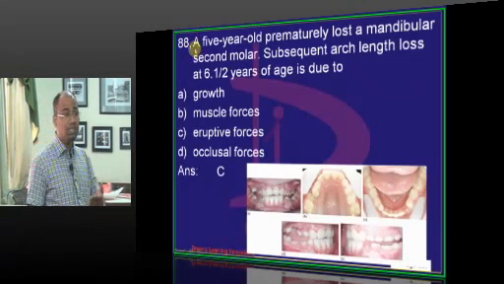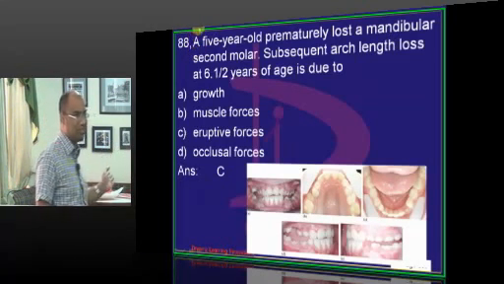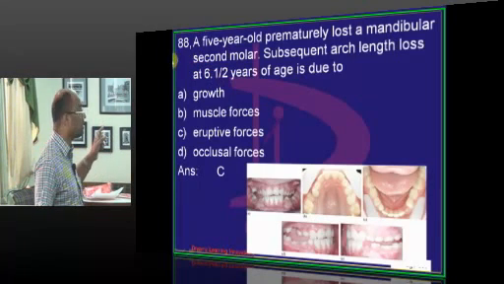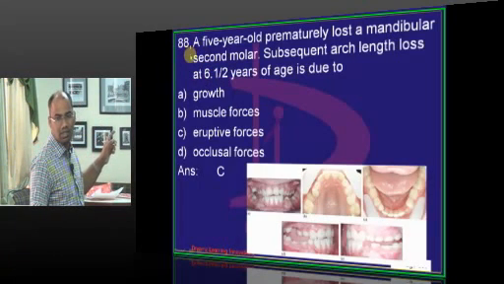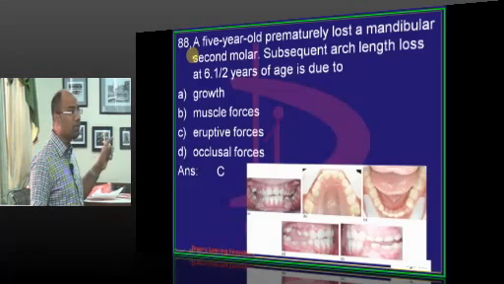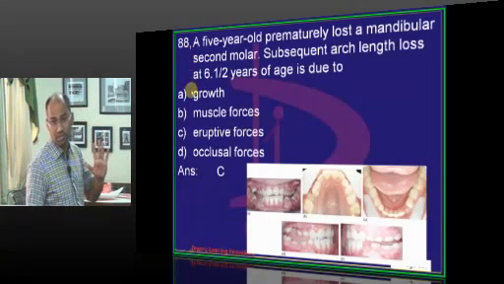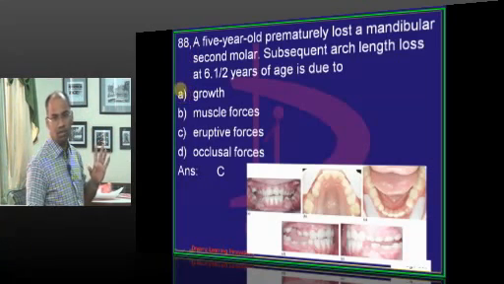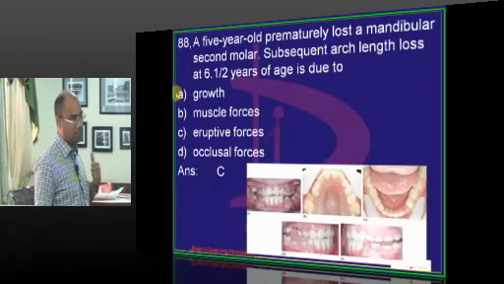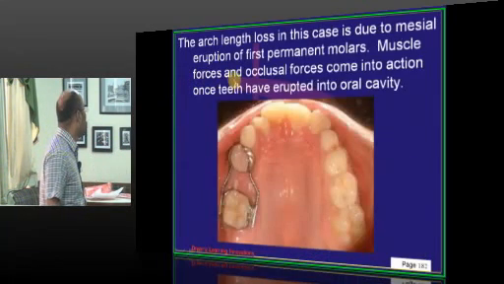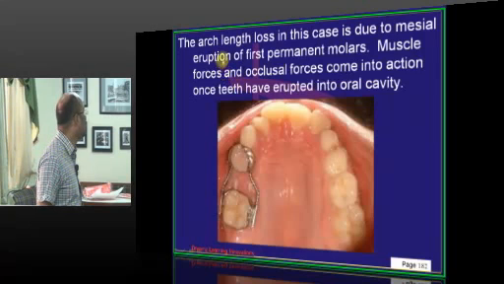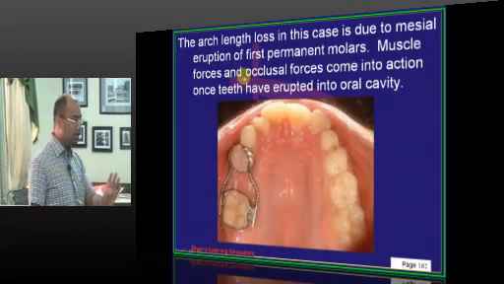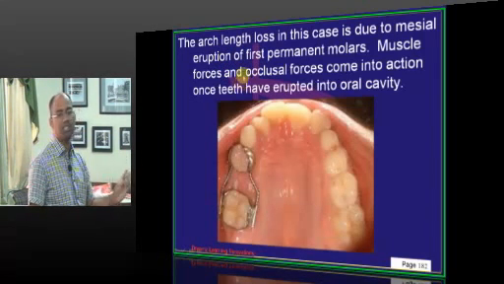Post-emergent, definitely occlusal will come into the picture. That's why it's very specific, 6.5 years. This first permanent molar might erupt from 5.7 to 7.7 years. So 6.5 is in the pre-emergent phase. The arch length loss in this case is due to the mesial eruption of the first permanent molar. The angulation itself is changed, the path of eruption itself is lost.